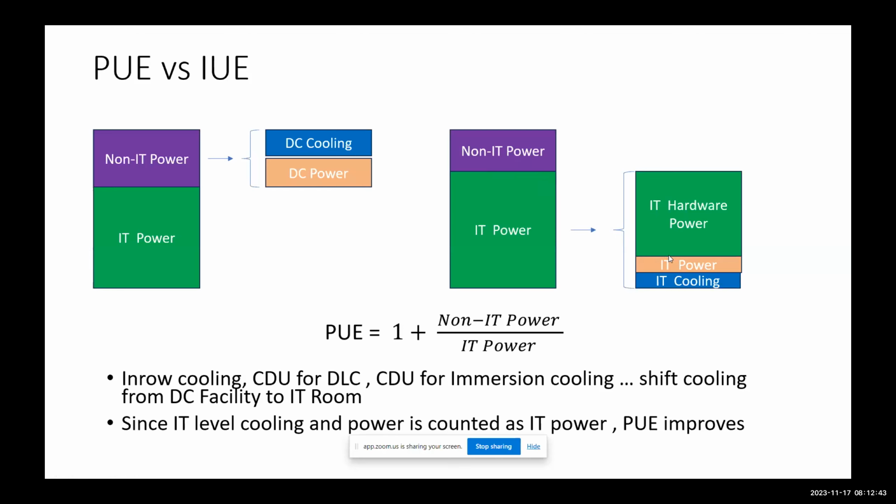By the way, I'm not blaming; the reason PUEs are getting better is not strictly because there is gaming going on, right? There is genuine improvement. When you go to immersion cooling, the pumps for the CDUs are way more efficient than putting a fan in every server. So there is genuine improvement here.